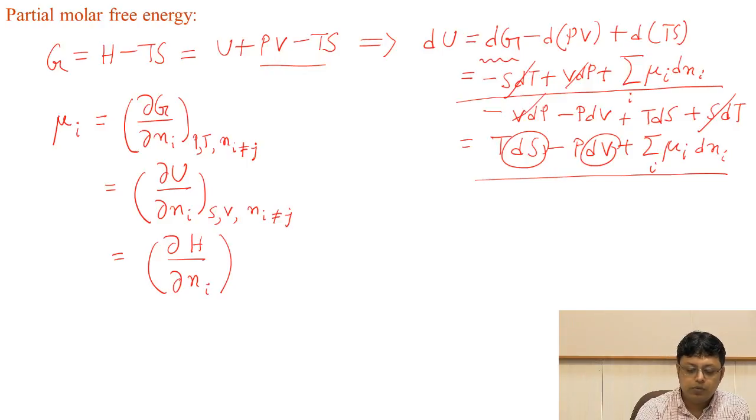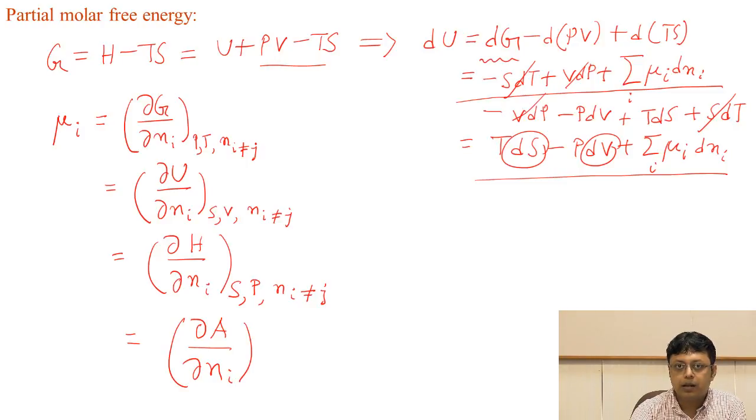So we have to keep entropy and pressure constant for H. And similarly we could also write it in terms of the Helmholtz free energy, del A del Ni, and for Helmholtz free energy, remember that it was minus SdT minus PdV. So the natural choice for Helmholtz free energy was to keep the volume and temperature constant, and Nj not equal to Ni.